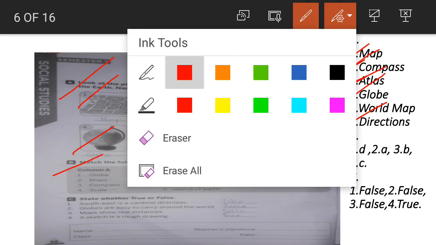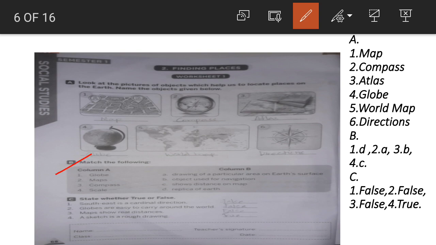Next, exercise B. Match the following. Column A and column B are given here. We have to match each other. So question number 1, globe. What is a globe? What is the answer? 1 is D. It is a replica of Earth, a model of our Earth.